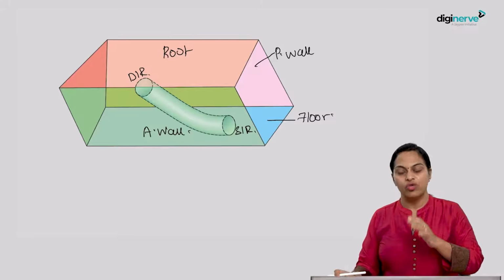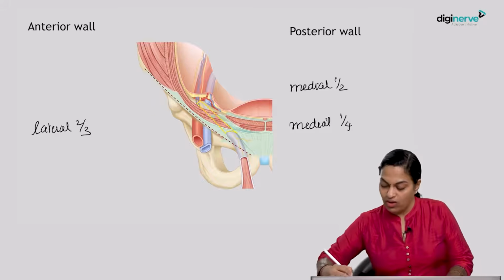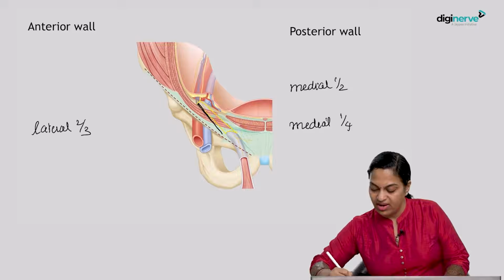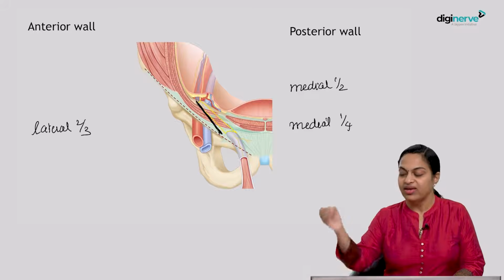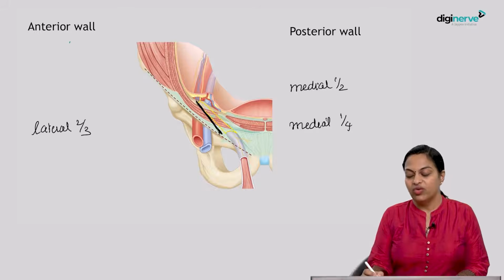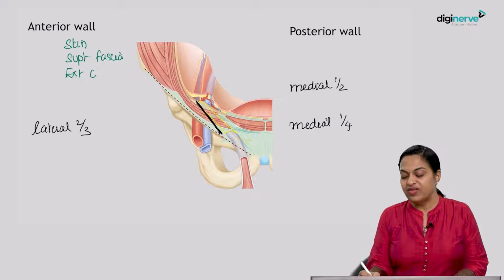Let us look into each boundary in detail. The anterior wall of the inguinal canal is going to be contributed by the skin, superficial fascia, and beneath that the external oblique aponeurosis.